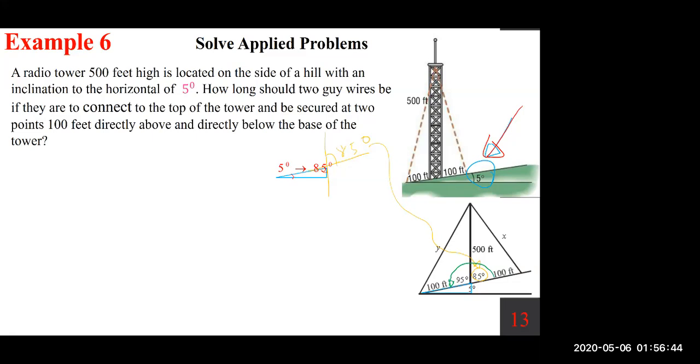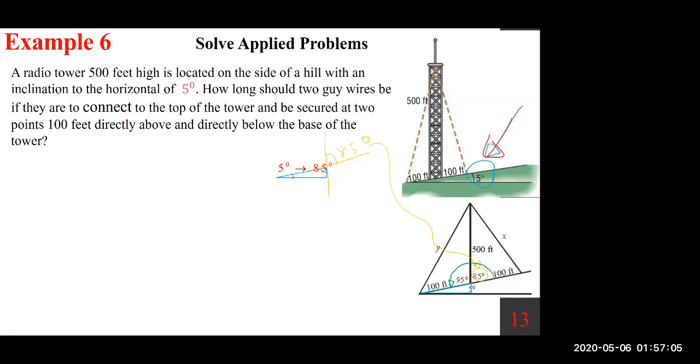We come up with 85 degrees for the other angle that the right triangle makes, and from there we find the two angles we need to help us find x and y. Now we can use cosine law.